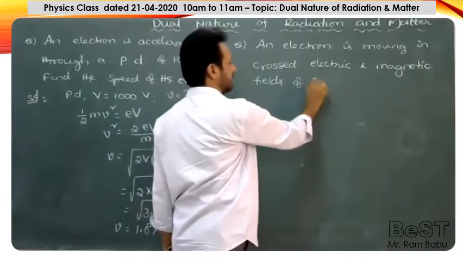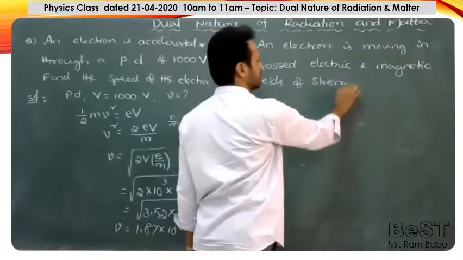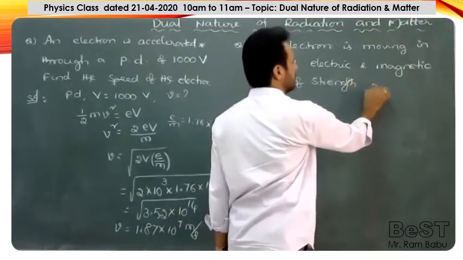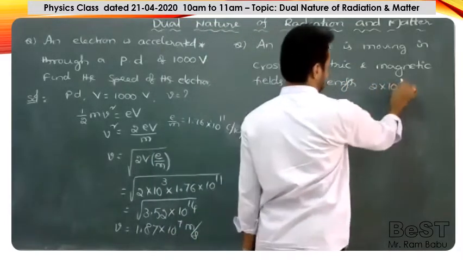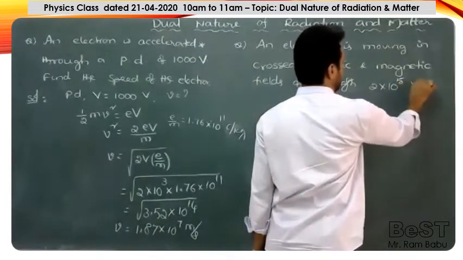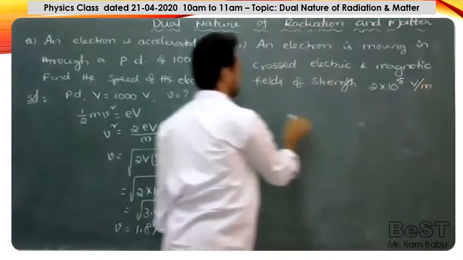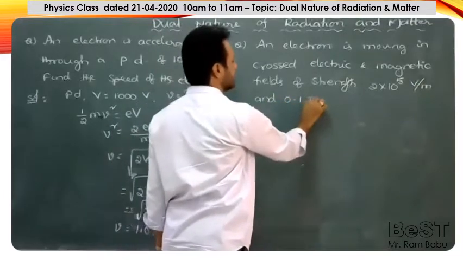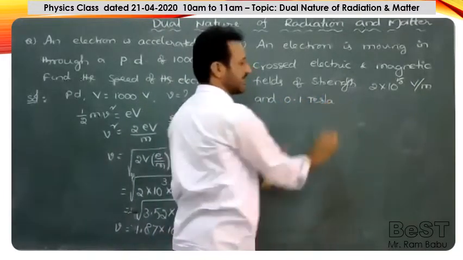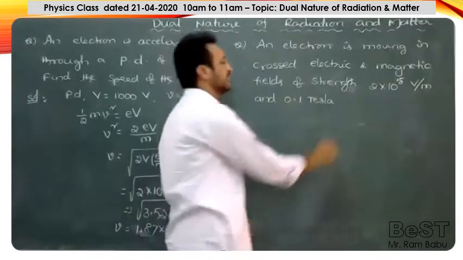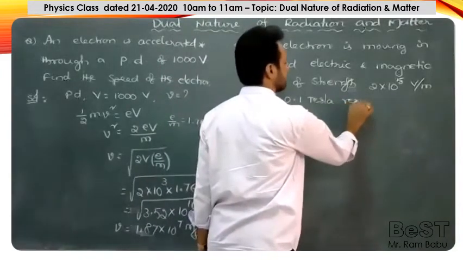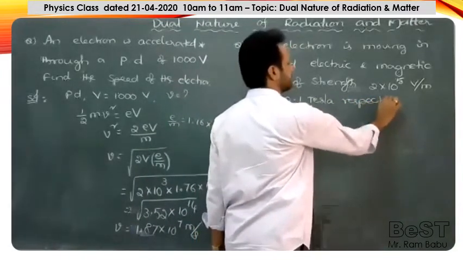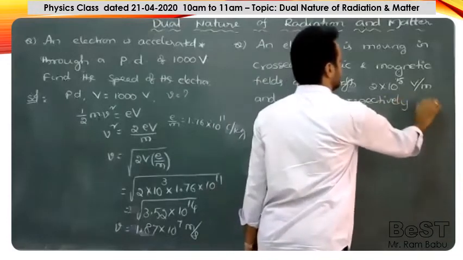So crossed electric and magnetic fields of strength 2 into 10 to the power of 5 volt per meter and 0.1 Tesla, which is the unit of the magnetic field, respectively, is undeflected.